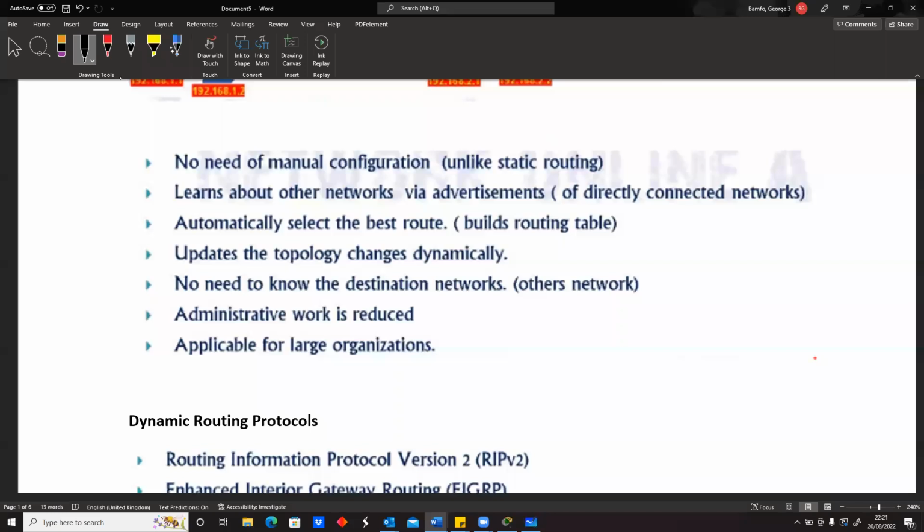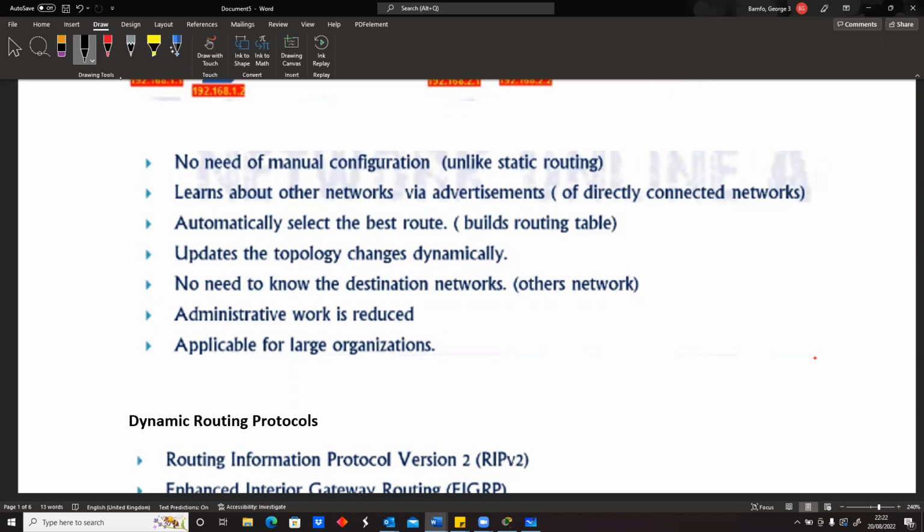So it is the job of the router to think about it and say, hey, this guy is telling me something, that guy is telling me something. Which of them has the best route? Which one is the fastest for me or the ideal one or the one that is reliable for me to get to? And so that is done automatically because the router will know about the networks and how I got to know about it. And so that is how dynamic routing happens.